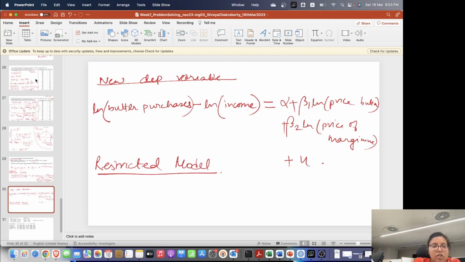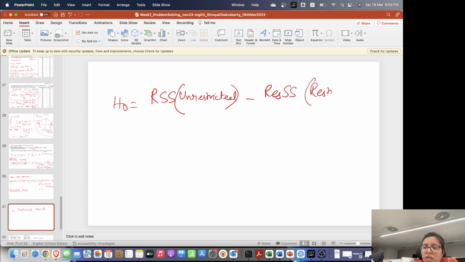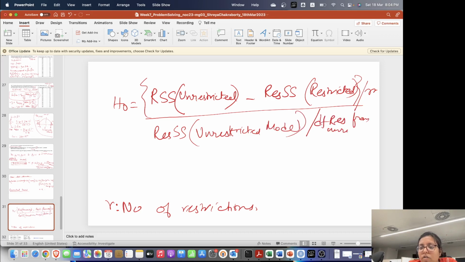Now to test for H naught, we need residual sum of squares from the unrestricted model minus residual sum of squares from the restricted model, divided by R, where R is the number of restrictions, divided by residual sum of squares of the unrestricted model divided by df of residuals from the unrestricted model.